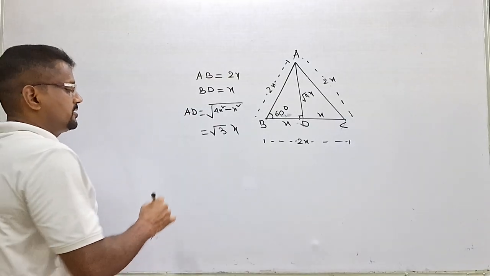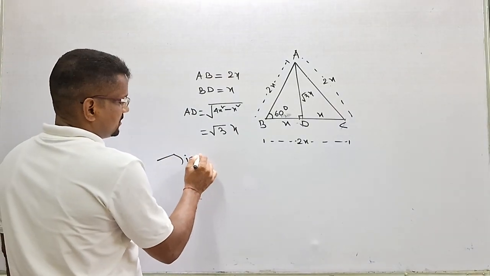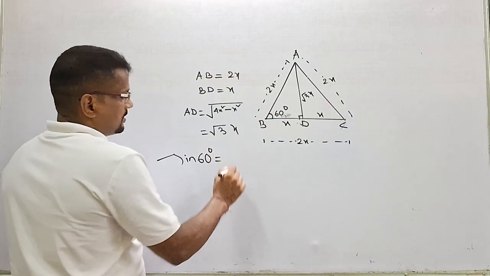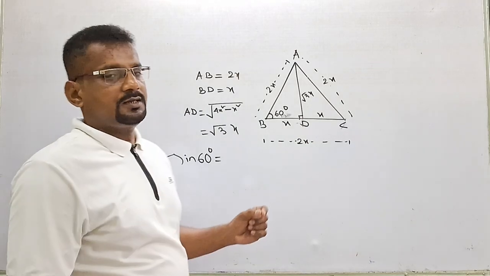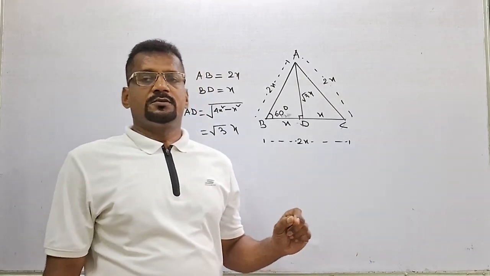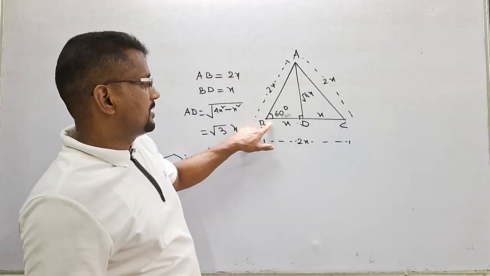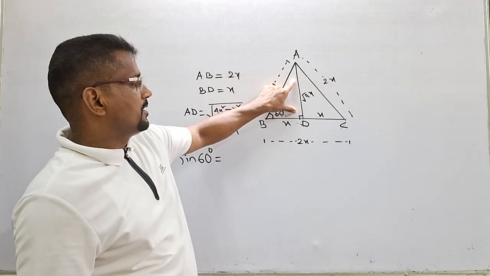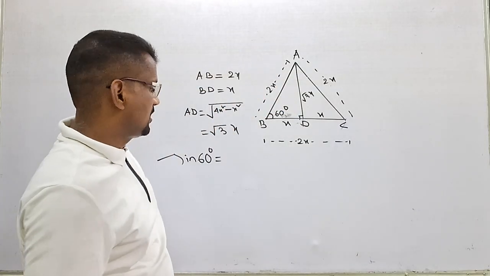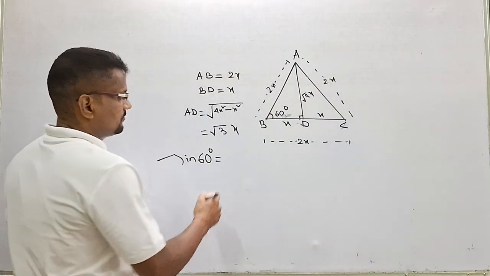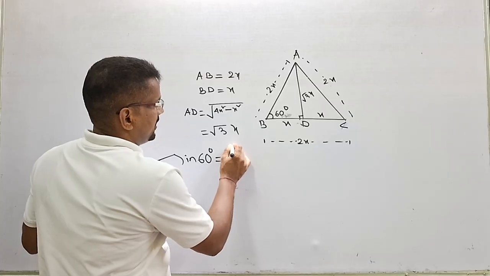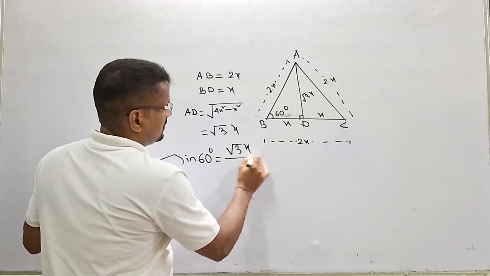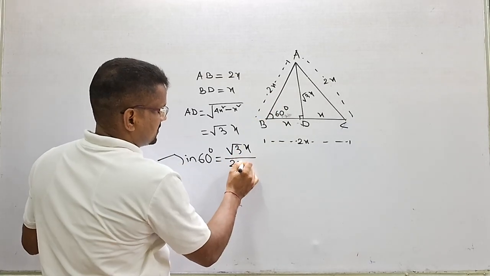Now by definition, sine of 60 degree. See, sine theta is your perpendicular by hypotenuse. So with respect to angle B, AD is your perpendicular, this is your hypotenuse. Therefore, let me write AD is root 3x, hypotenuse is twice x.